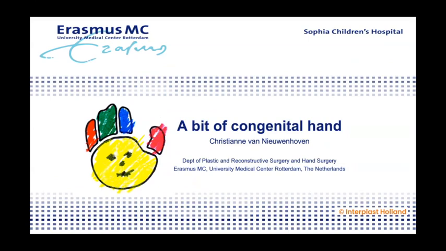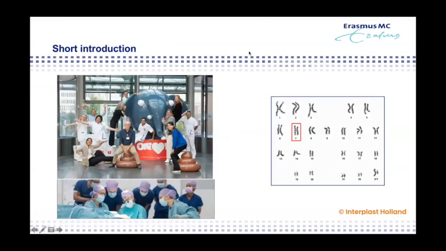So, a little bit of congenital hand. If you want me to talk about congenital hand, I can talk all day or a week or whatever, but that would be boring, so just a short introduction. We've got a big team of congenital hand surgeons, rehab doctors, and hand therapists. We've got 3 hand therapists.